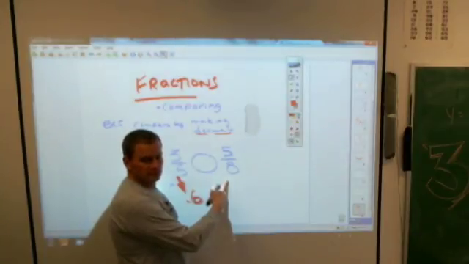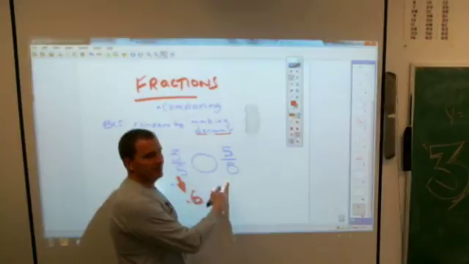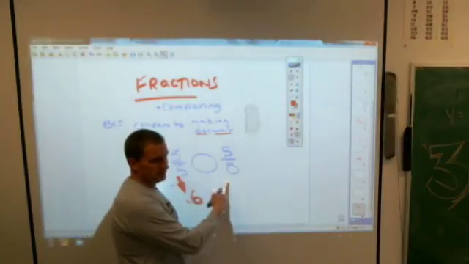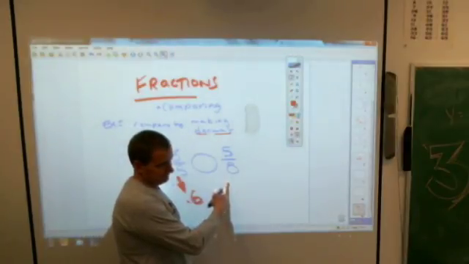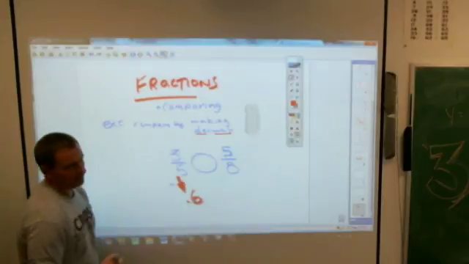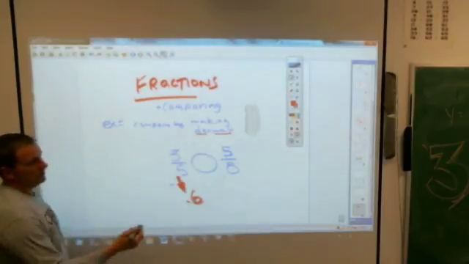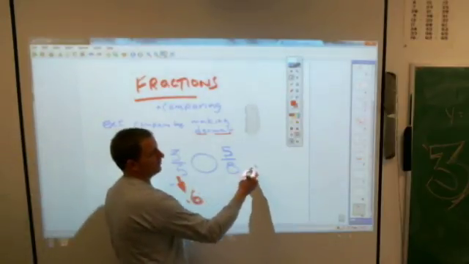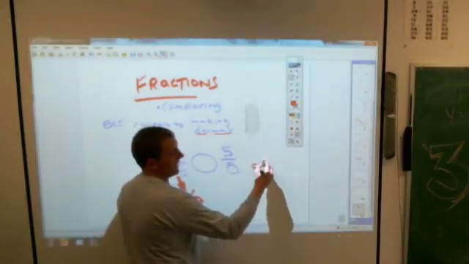You don't just put 0.58. How do you change this to a decimal? If you can't do it with your fraction circles, and if it doesn't come to you, you need to divide, remember, divide the bottom into the top.